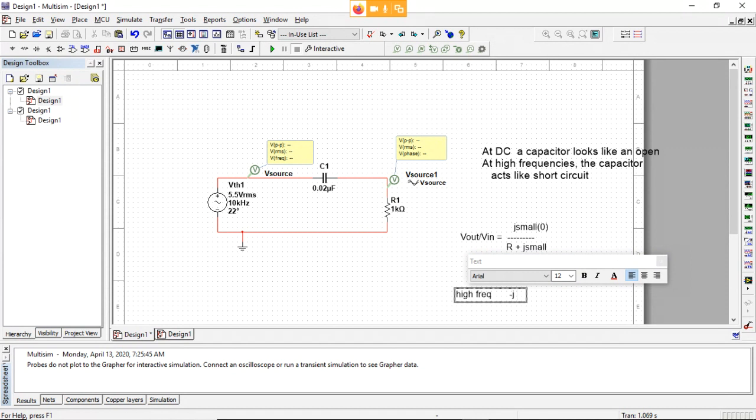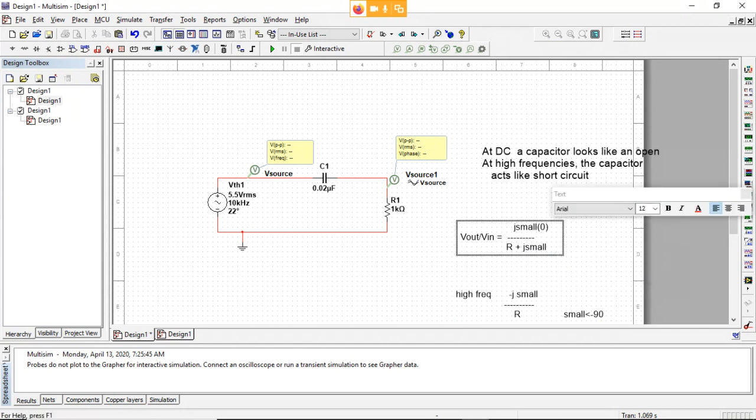So you get minus J times small divided by R. And that gives you effectively a small number with an angle of minus 90 degrees.